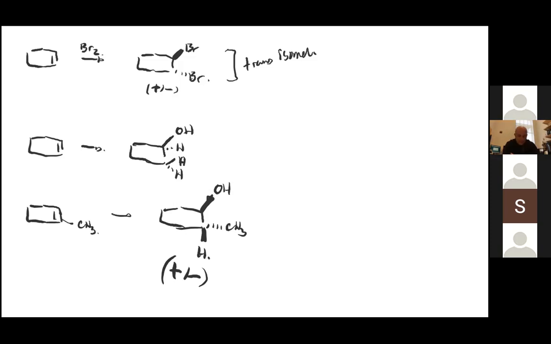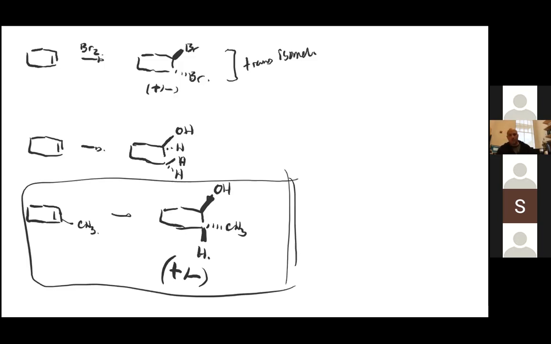We'll pick up with this example after the exam. I know you'll probably be studying for the exam, and then you'll probably not want to be studying. But if you do have some time, you might give this hydroboration reaction some thought, because this is a very, very important example.